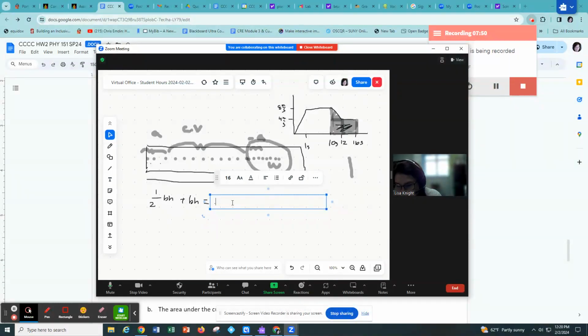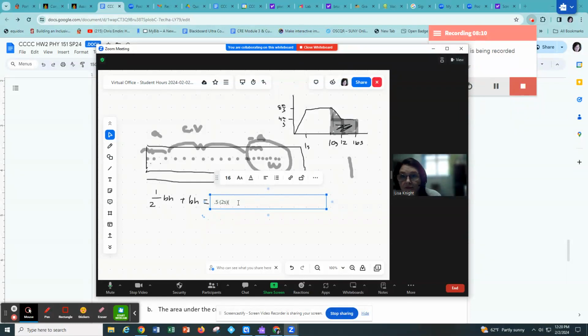So for this particular example, it's going to be 1/2 of the base, which is 2 seconds, times the height, which is 8 meters per second, because it goes from 0 to 8 meters per second. Actually, that's not true. We're only doing this little part right here.